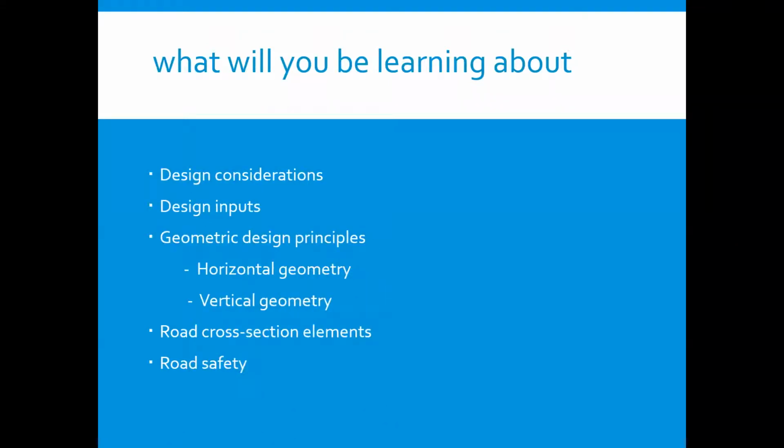As part of the lectures, you will learn about the fundamental design considerations, design inputs that would need to be used to develop the geometric design, the geometric design principles related to horizontal and vertical geometry, road cross-section elements, and the road safety. The information that I will provide during the lectures should only be used as guidelines.